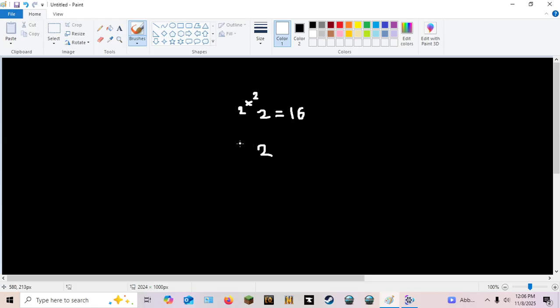Now, I can make the tetration heights equal to each other since we have the same base. So 2 raised to the x squared is equal to 3.